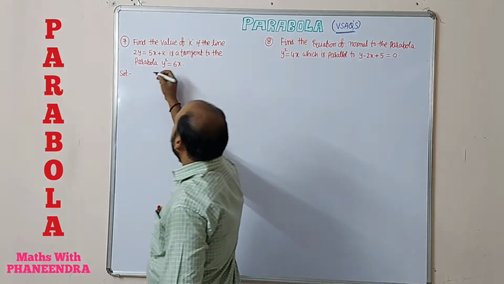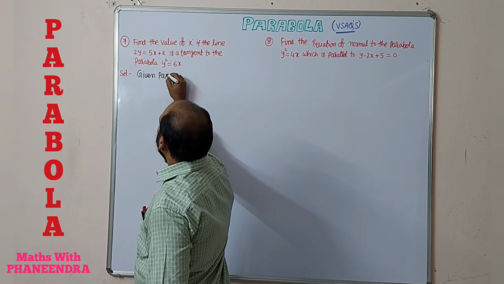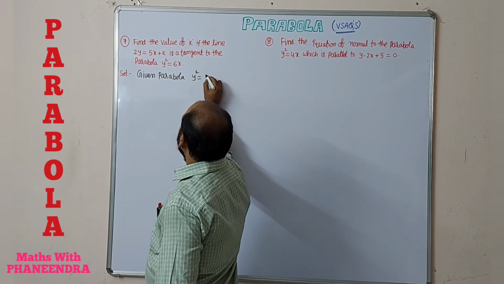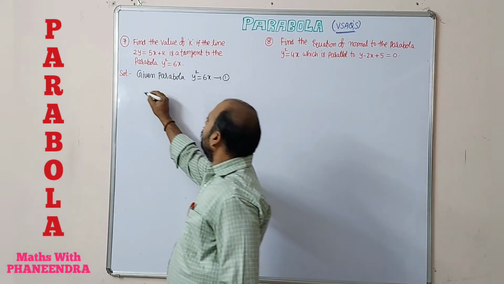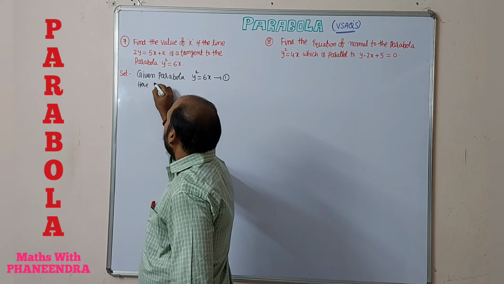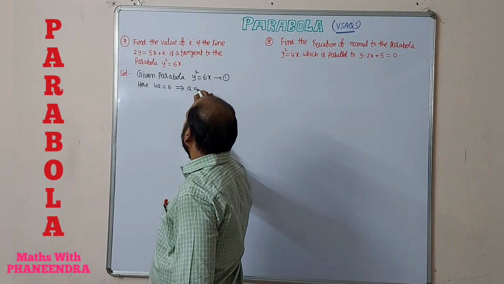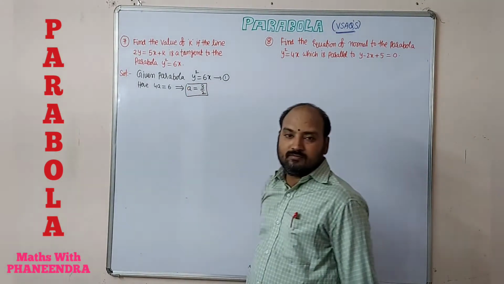So first, given parabola y square is equal to 6x. Here 4a is equal to 6. That implies that a is equal to 3 by 2.